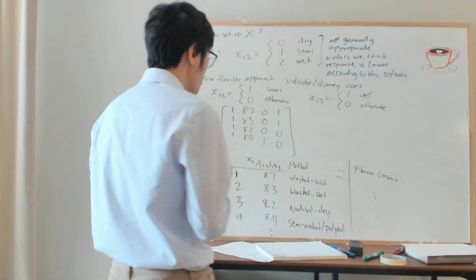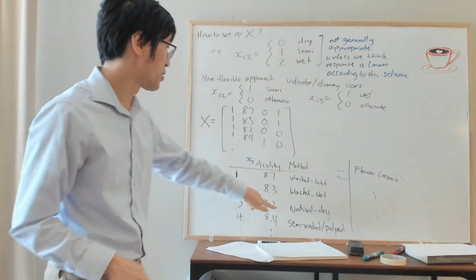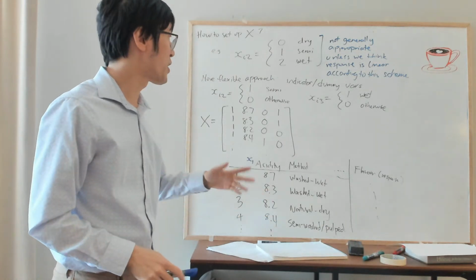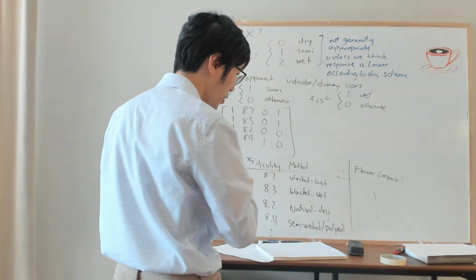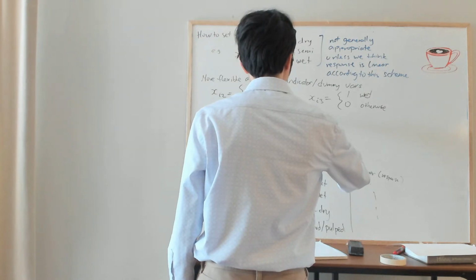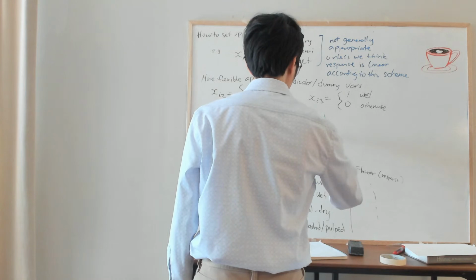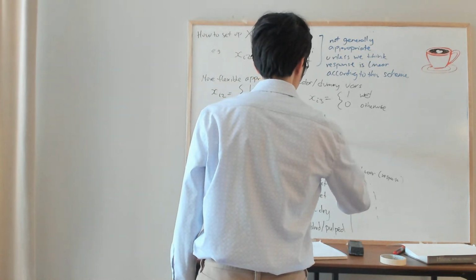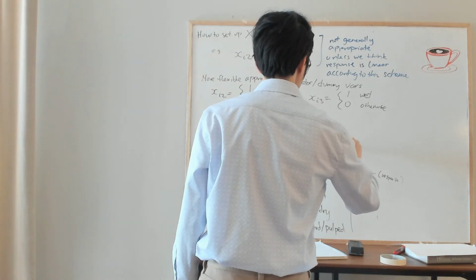As a side note, you notice I didn't define one for dry, and in fact we don't need to. Let's briefly explain why not. Why not define x4 to be 1 or 0 for dry and otherwise?